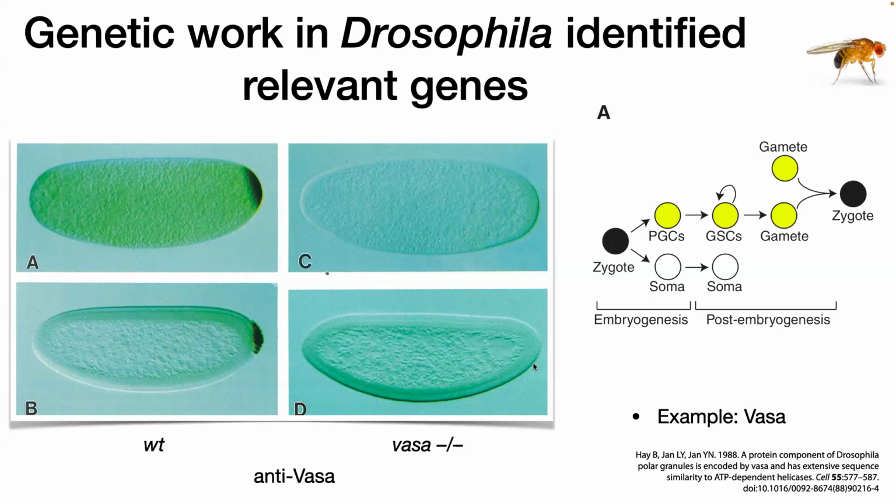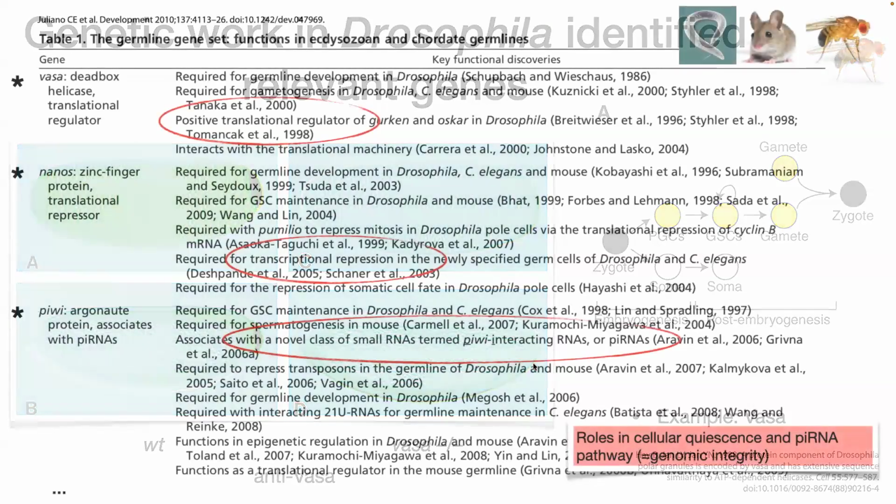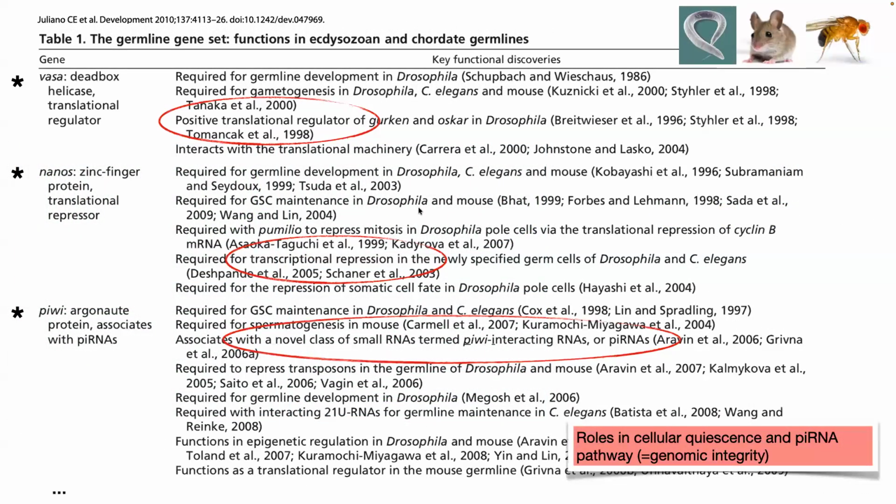And VASA is only one of the genes relevant for primordial germline determination. There are additional ones, and I will not go through all of them, but I just want to mention a few names as they will become relevant for my other protostome systems. So this is VASA, a DEAD-box helicase and translational regulator. This is nanos, a zinc finger protein, which acts as a translational repressor.